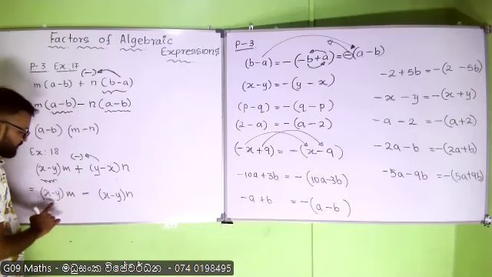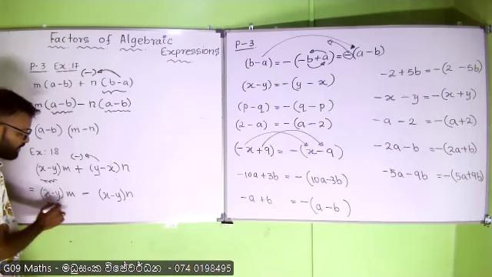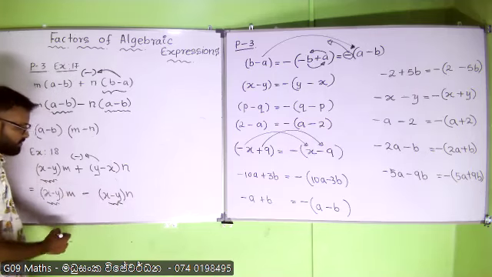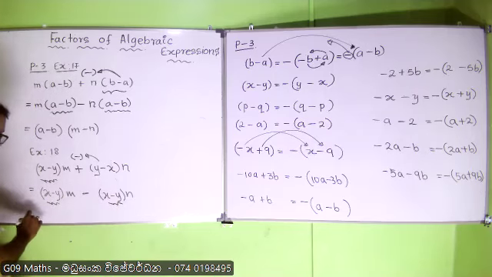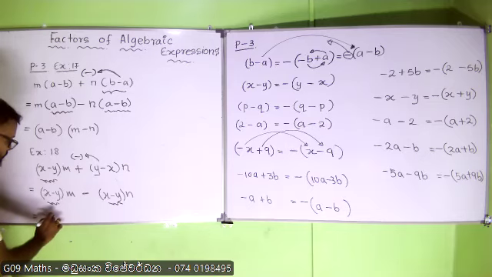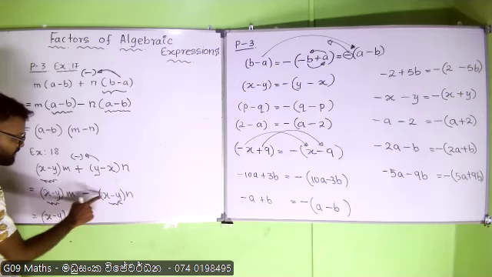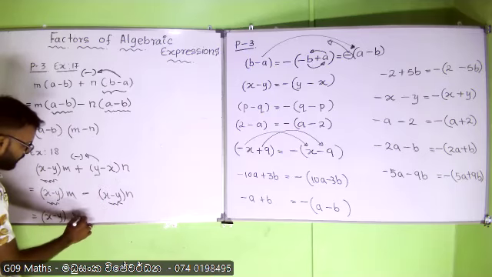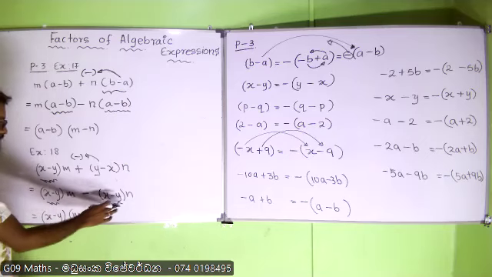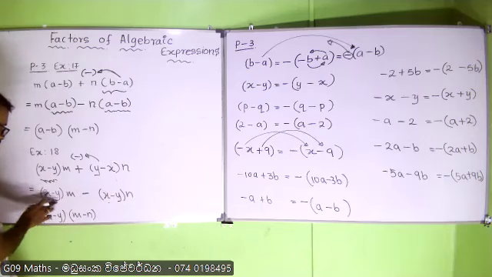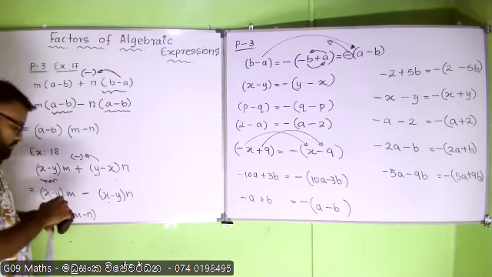Now x minus y, x minus y, x minus y is common. Take it out from the bracket. What are the rest? M minus n.